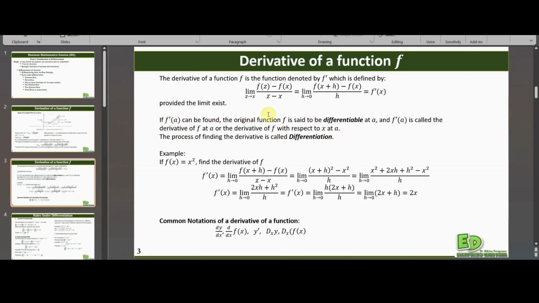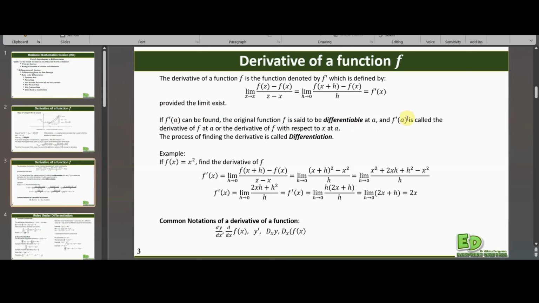So if you have a function, say f, the differential of this function is said to be f prime of a. If you are given a function, say f of a, the differential of that function is f prime of a.